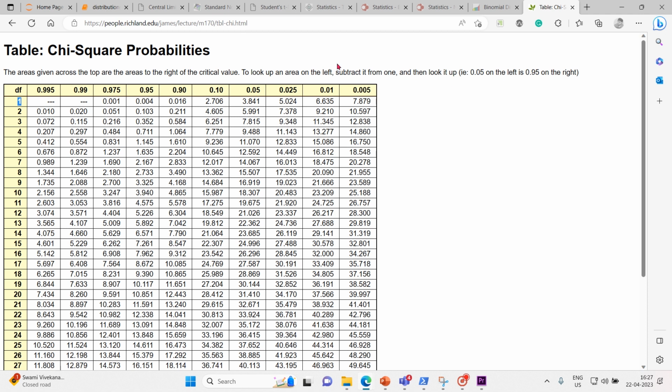Okay, that's what they are telling, how to interpret these values. So the values that are given for us are right of the critical value. If you want to get it for the left side, then you have to subtract the respective value from 1. That's it. Okay, so now I got my degrees of freedom and I got my level of significance. I want to go with the level of significance of 0.05 and degrees of freedom and come down. So this is what my value is gonna be.